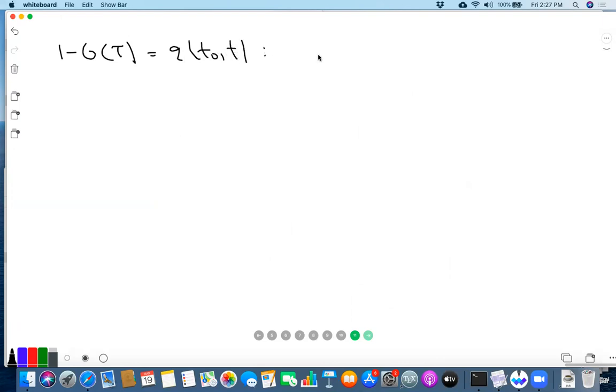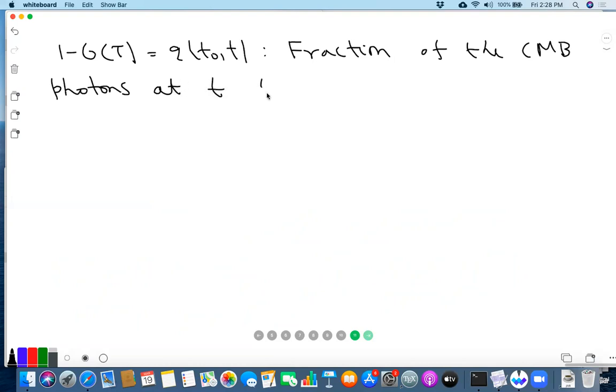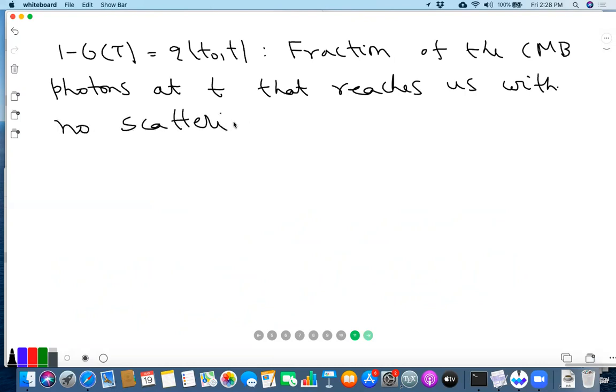Okay, so this, you remember, is given by the fraction of the CMB photons at t that reaches us with no scattering in between.